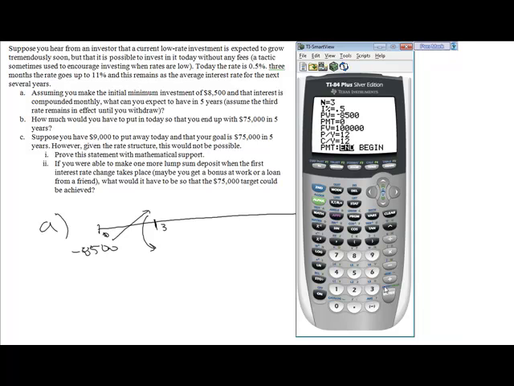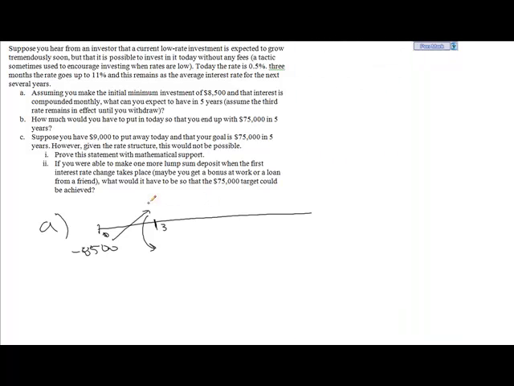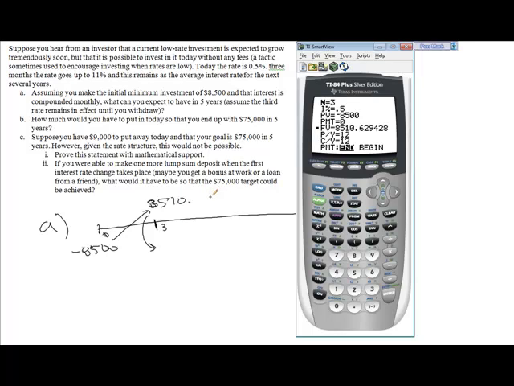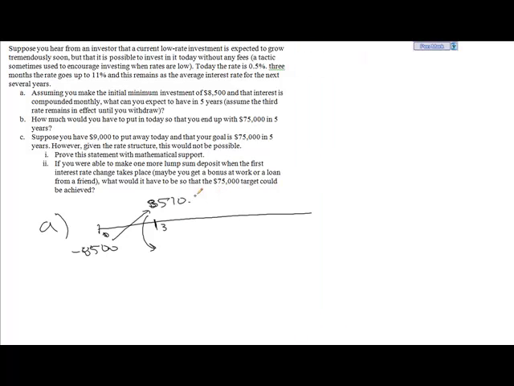Now I'll calculate. So after 3 months, my $8,500 has earned $10, and so if the investor were to withdraw that money after 3 months, he would have $8,510.63.